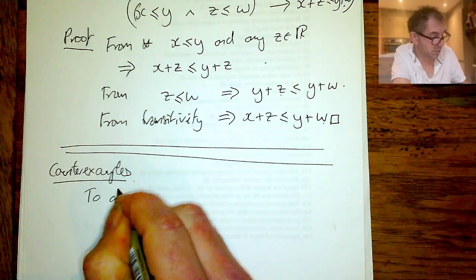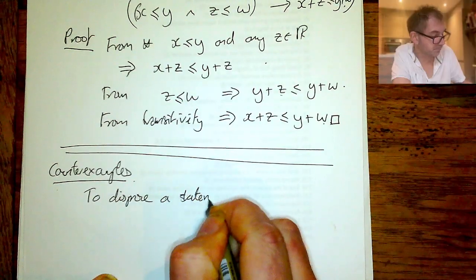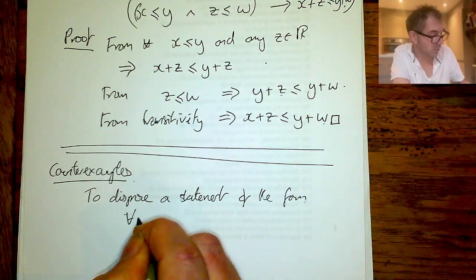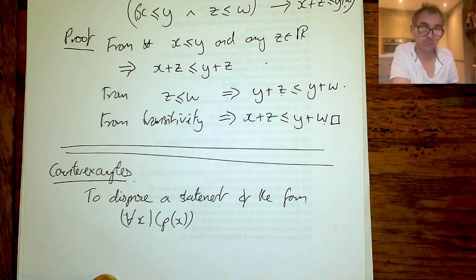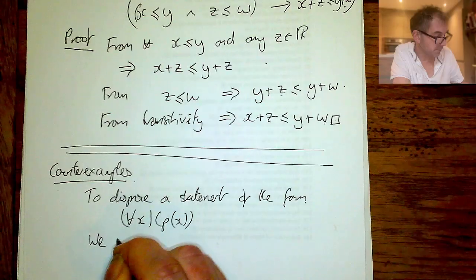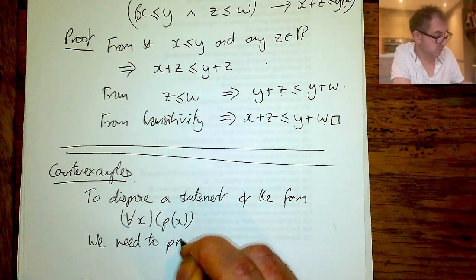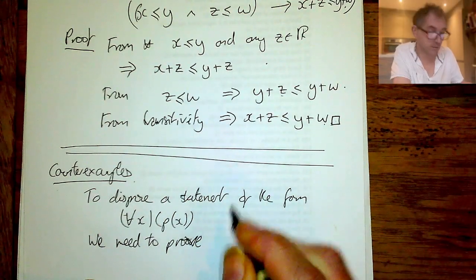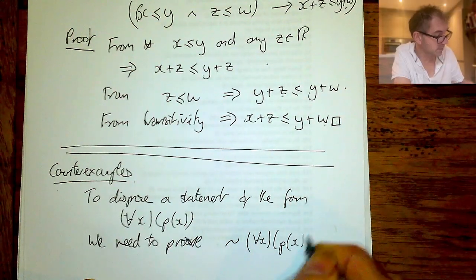To disprove a statement of the form for all x, p of x is true, we need to prove that, so if we want to say that that's false, we need to prove that not of it is true. So not of for all x, p of x is true.